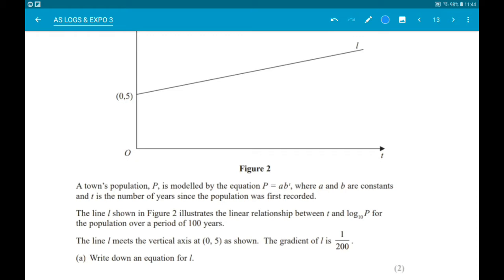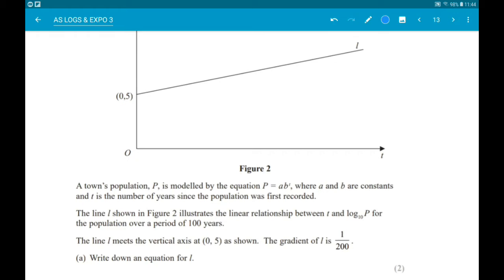Part A, write down an equation for L. Okay, so it's a straight line. We need to be thinking of y equals mx add c, except y is log 10 P and x is t.